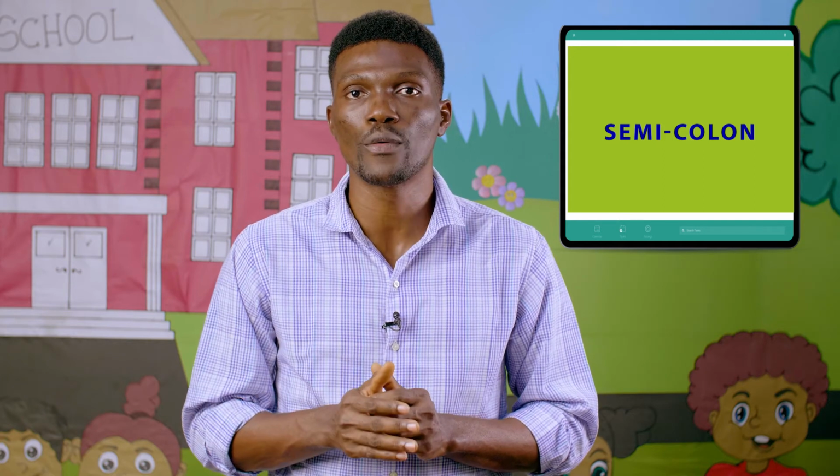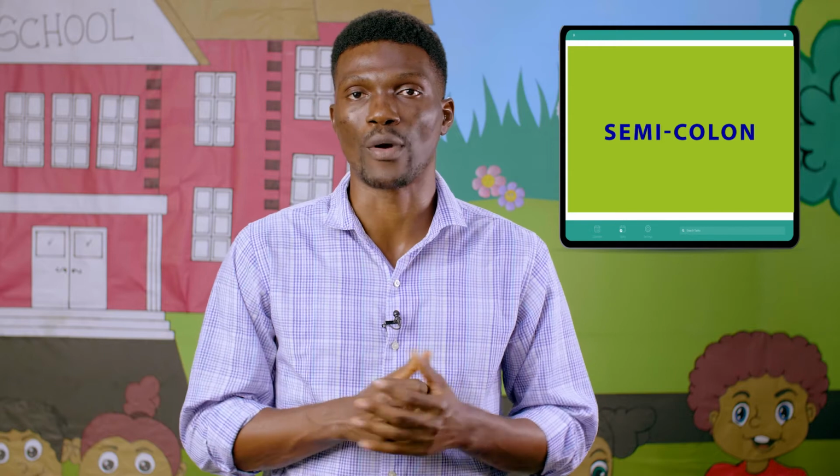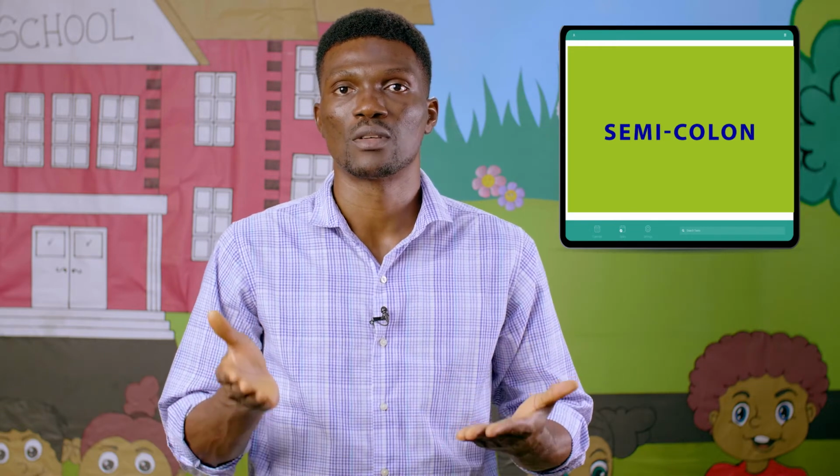There has to be a break. If you're deciding not to use a full stop, that's where a semicolon comes in. So you can put a semicolon between both main clauses to indicate that it's a similar point to the point you just completed. So they have the same status.